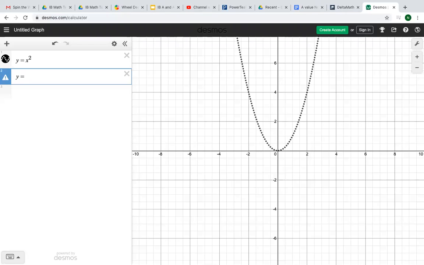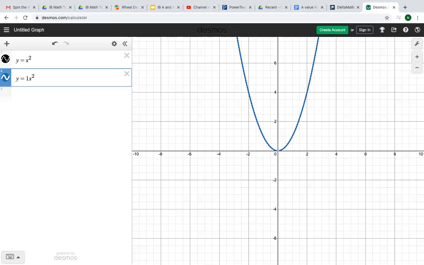Give me a really, really, really big number, Hudson. 38. Okay, so if I have 38x squared, look at how skinny the blue parabola got. Josh, can you give me an even bigger number? 1 million. Wow.